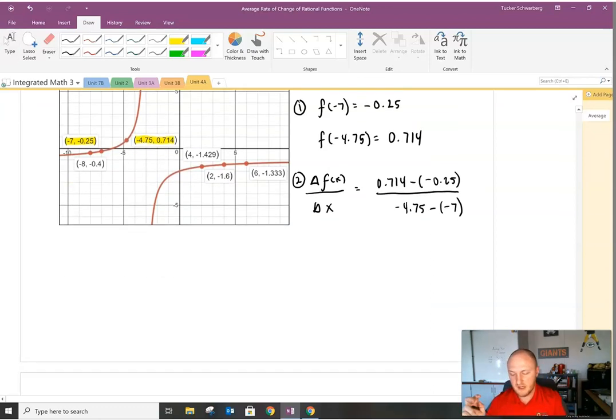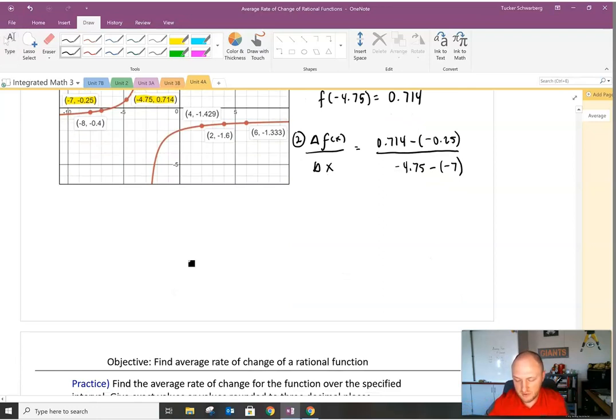Those negatives will wreck a lot of people. Okay, so we're going to go ahead and calculate this. So it looks like 2 negatives become positive. So we have 0.964, over 2 negatives, again, make a positive, and that looks like it will be 2.25.